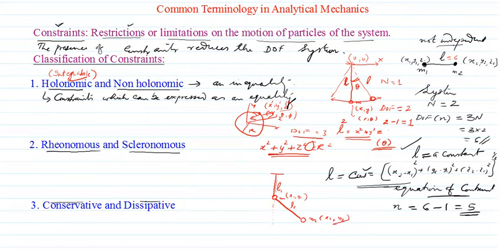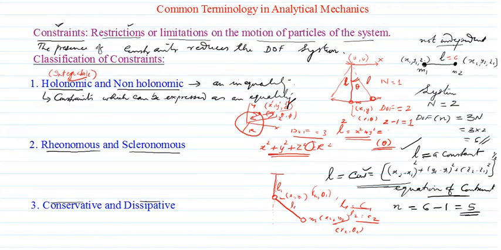Or I can say I need r1, theta 1 here, and here r2, theta 2. You may feel it like that, but there exist two constraints here. The first constraint is that L1 is equal to a constant, and the second constraint is that L2 is equal to some other constant. So there are two constraints represented by equations. So we can say there are two holonomic constraints.